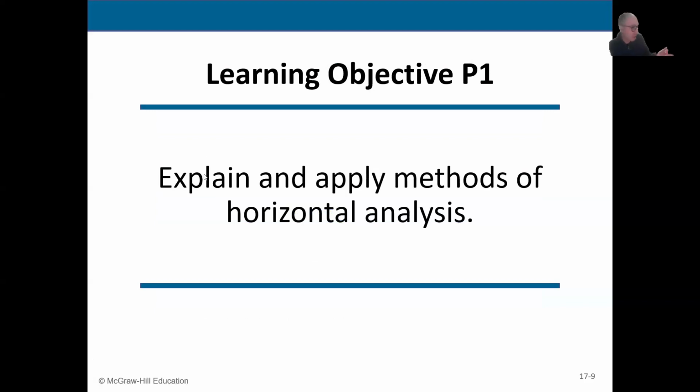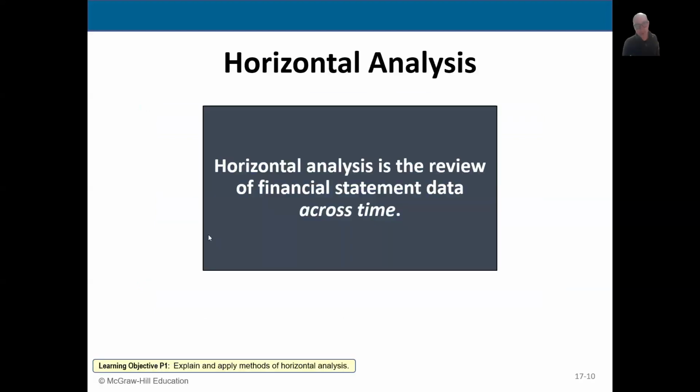So let me just drill down a little bit more on each of those three tools. First, of course, we'll look at the horizontal analysis, which I had mentioned is a comparison across time. We're comparing the company's performance from year to year. An example of that would be looking at the 2023 financial data that I have, compare that to 2022, then to 2021.